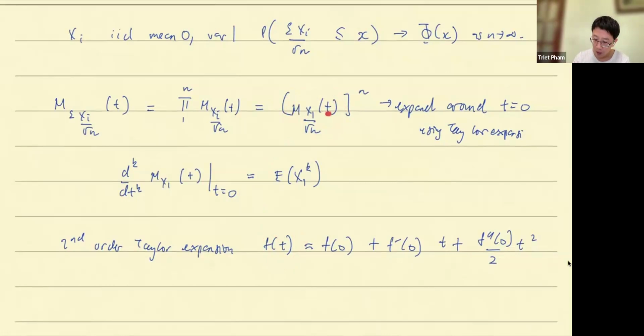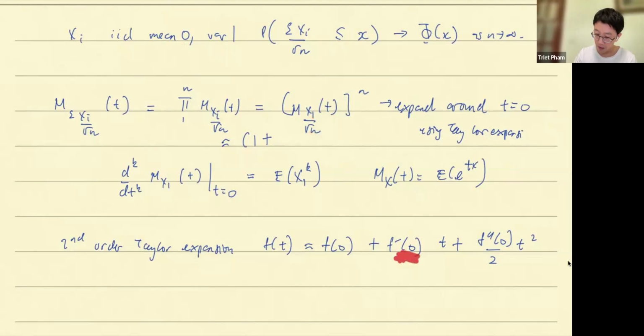So when you plug in t equal to 0, the MGF of any random variable is the expectation of e to tx. Therefore, the MGF evaluated at 0 is 1. So this is approximately 1 plus, the xi has mean 0 and variance 1.